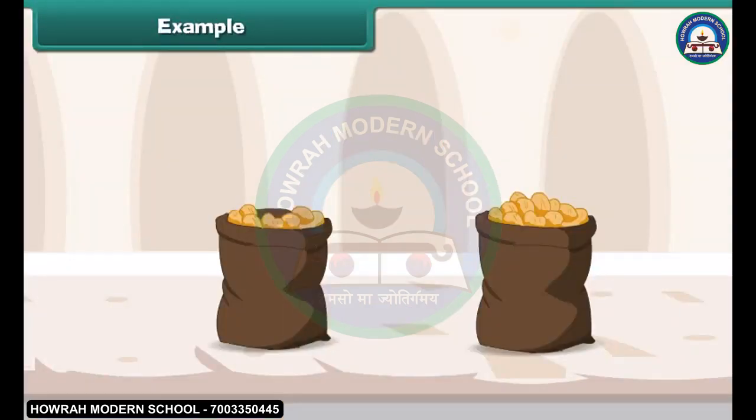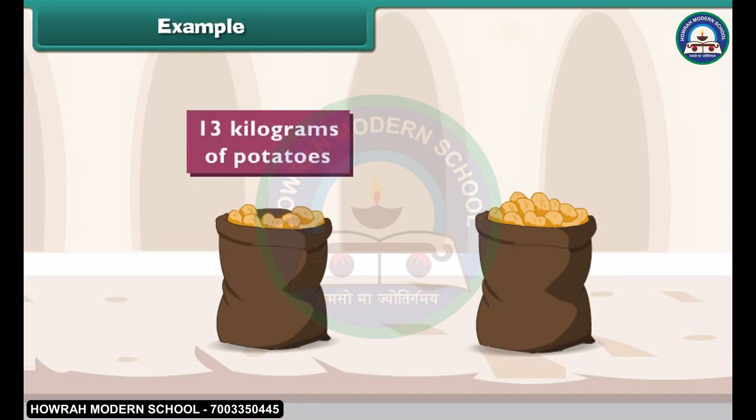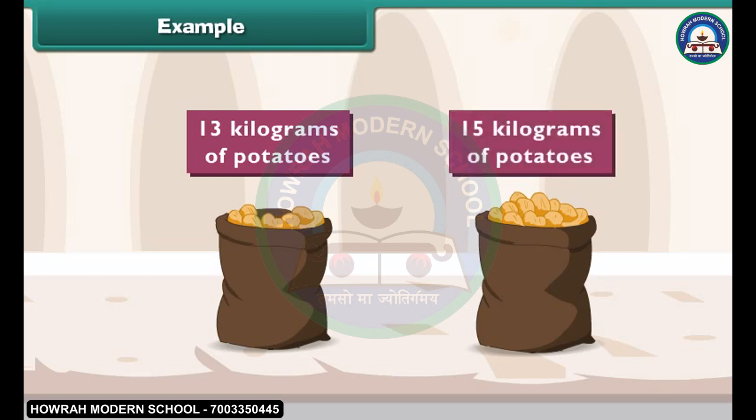Example. A sack contains 13 kilograms of potatoes. Another sack contains 15 kilograms of potatoes. How many kilograms of potatoes are there in all?